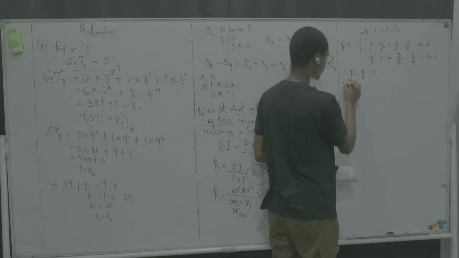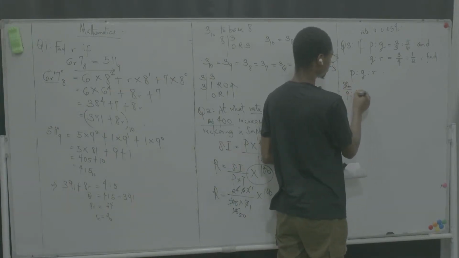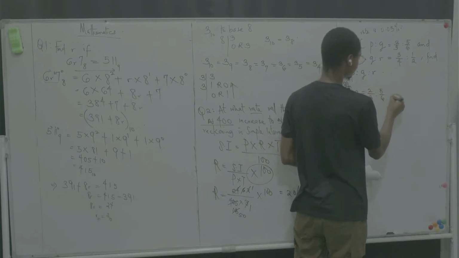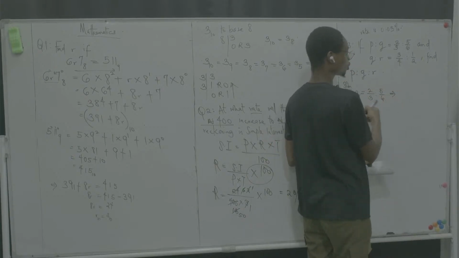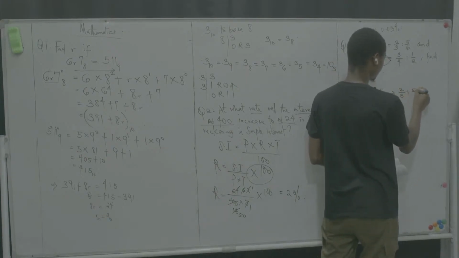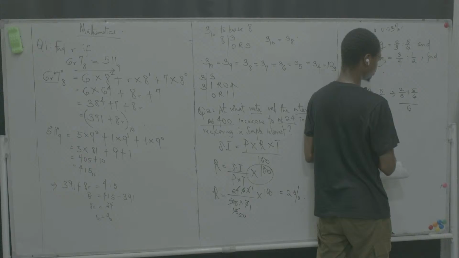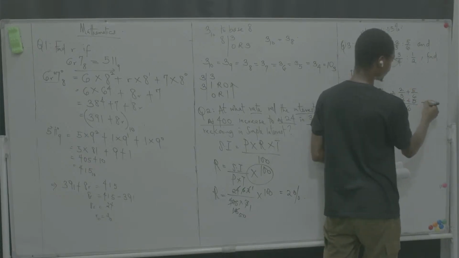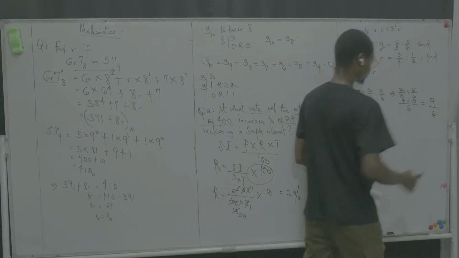First and foremost, if P ratio Q is equal to 2/3 ratio 5/6, then if we sum the ratios together, we have 2/3 plus 5/6. The LCM is 6. You'll have this to be 4 plus 5, which gives us 9/6.